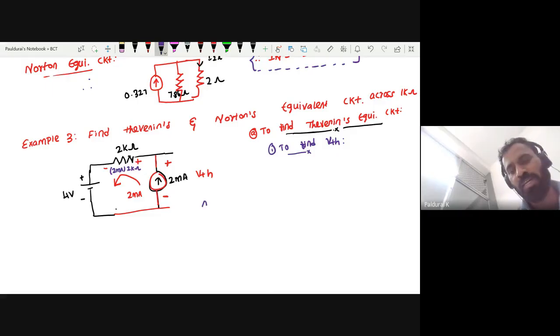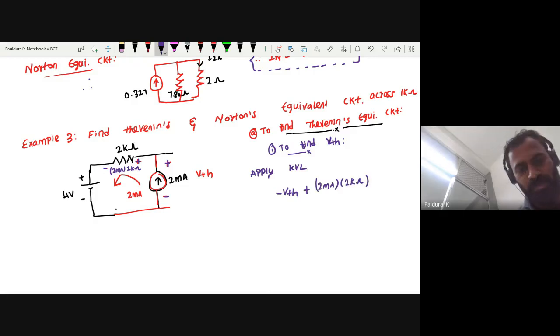Now simply apply KVL at this loop. KVL: minus 2, plus, so minus VTH, plus 2 milliamps into 2 kilo ohm, plus 2, minus, plus 4.